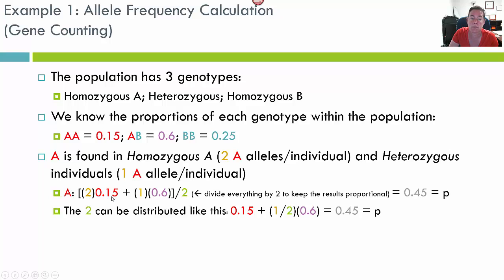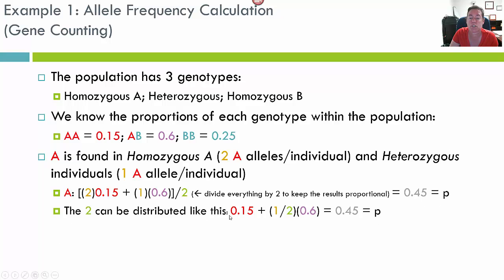So 2 times 0.15 is 0.30, plus 1 times 0.6 is 0.6. This adds up to 0.9, divided by 2 equals 0.45. So the frequency of the dominant allele, or A, or P in this example, is 0.45.